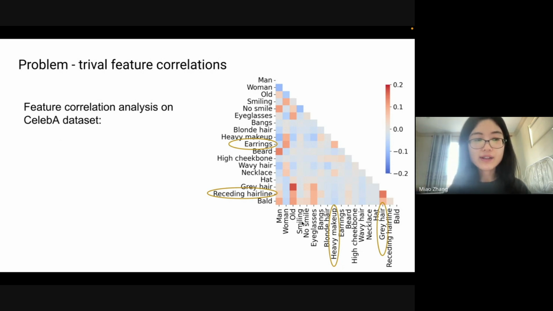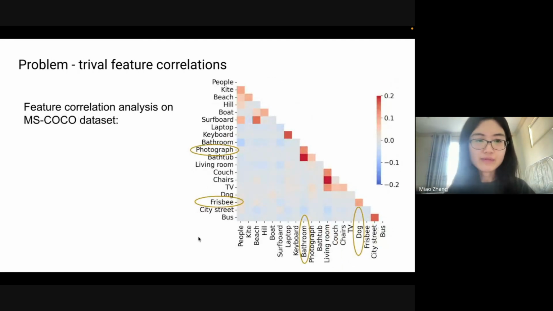So there are more images of women with a smile, but more images of men with no smile. Also, there's a very strong connection between a receding hairline and gray hair. This is also understandable, but we would not want the model to recognize a hairline situation based on the color of the hair.